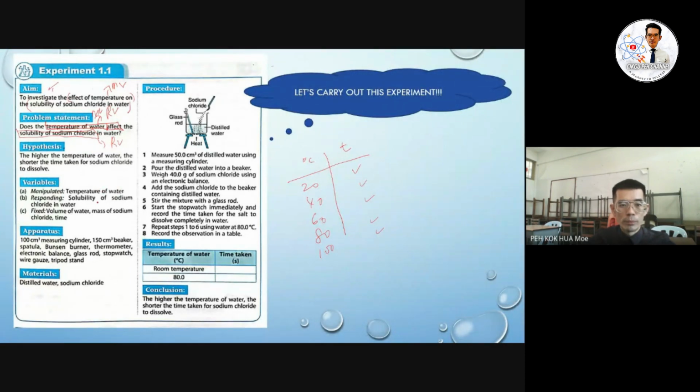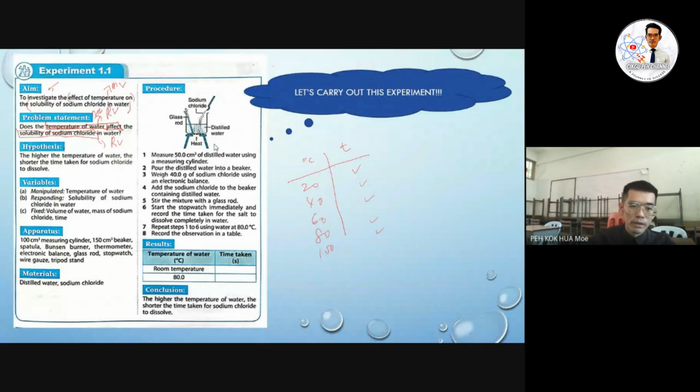The responding variable will be the solubility of the sodium chloride in water, or you can just mention the time taken for sodium chloride to dissolve, which is also acceptable. Next will be the fixed variable: the volume of water can be fixed, or the mass of the sodium chloride can be fixed. You can give any answer which is logical.